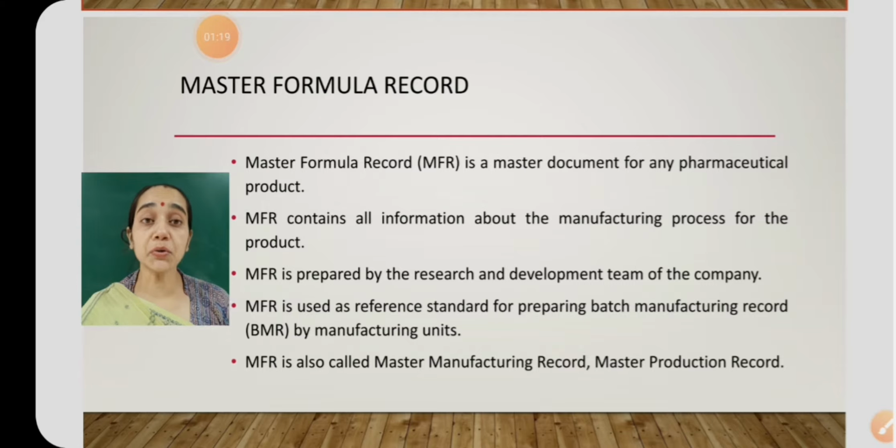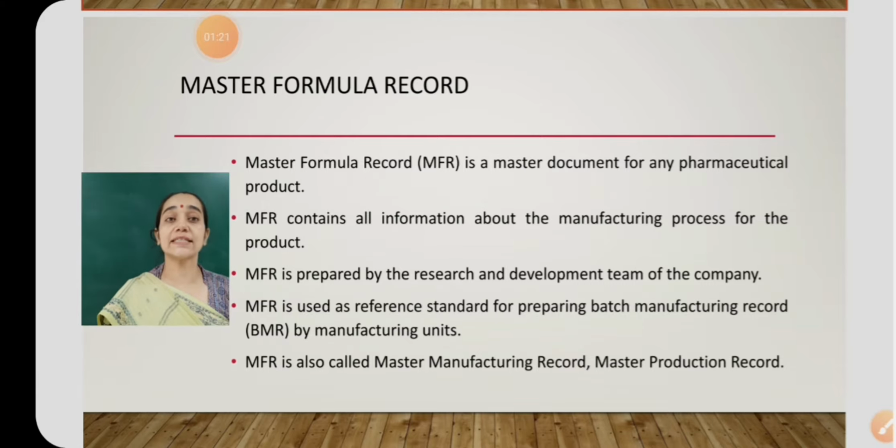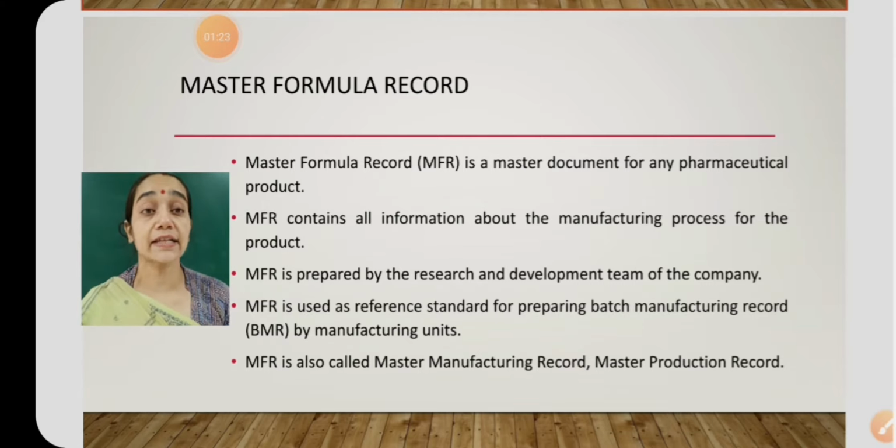So, in order to document all these criteria as well as all these procedures step by step, we require a document, and that document is the master formula record document. It is an important document in order to ensure reproducibility between the batches.